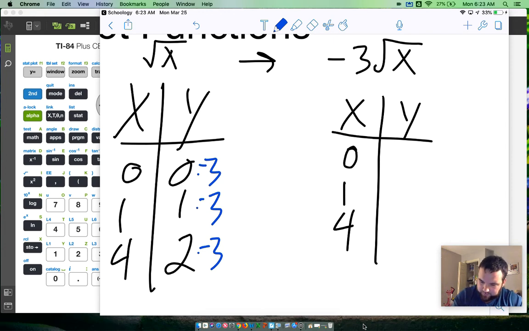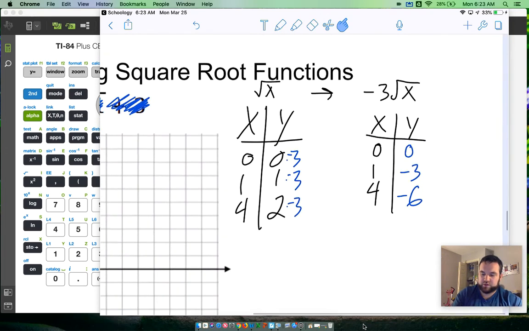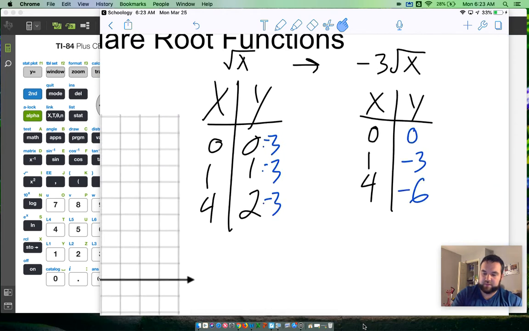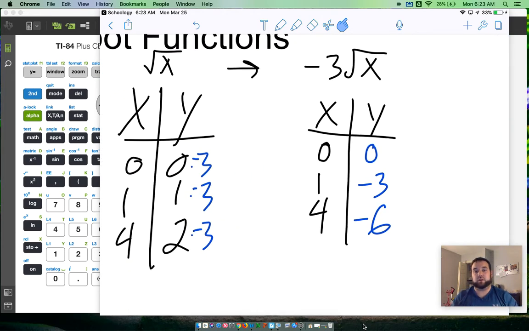So if I multiply those all by -3, my new coordinates are 0, -3, and -6. Okay. So now these are if the translations weren't there, if the +1 and the -2 or whatever the numbers are, I would graph these 3 points.